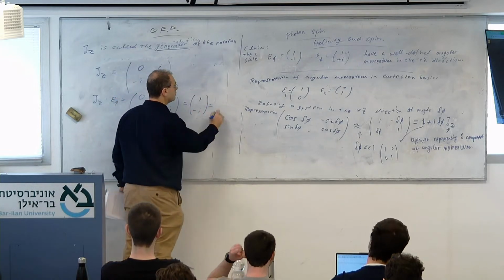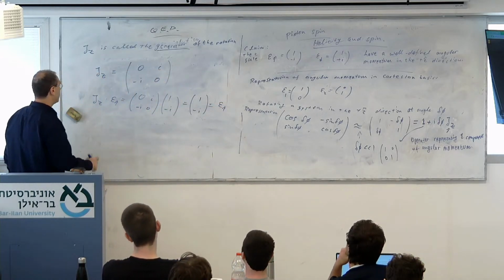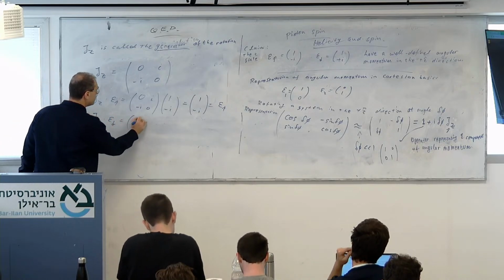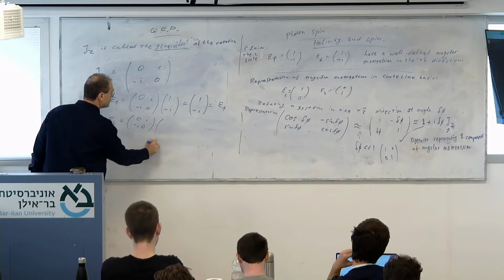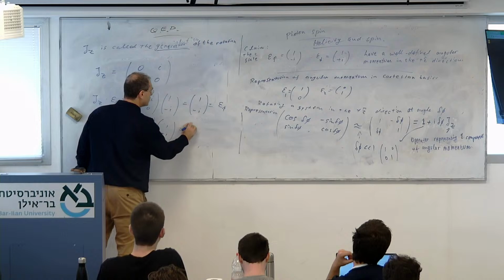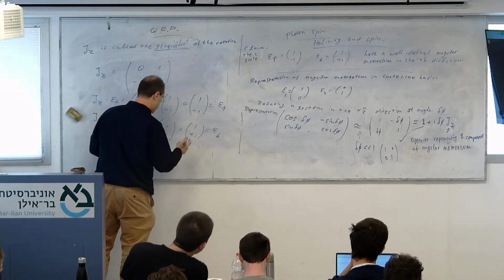So it is equal to 1 times epsilon up. And when I take JZ and apply it to epsilon down, I get minus 1, plus i, so this is minus epsilon down.